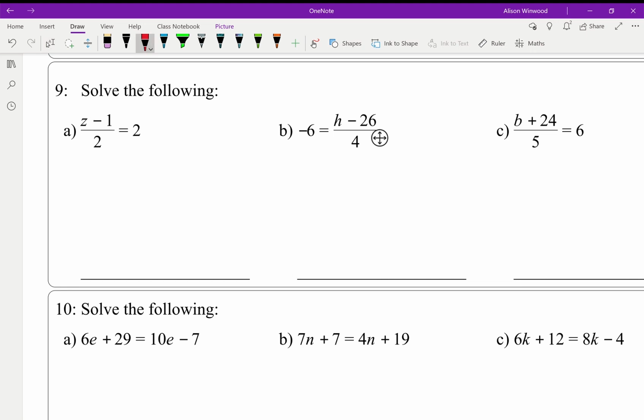More equations, so more opposites. Opposite of divide is multiply. Opposite of subtract is add. Opposite of divide is multiply.